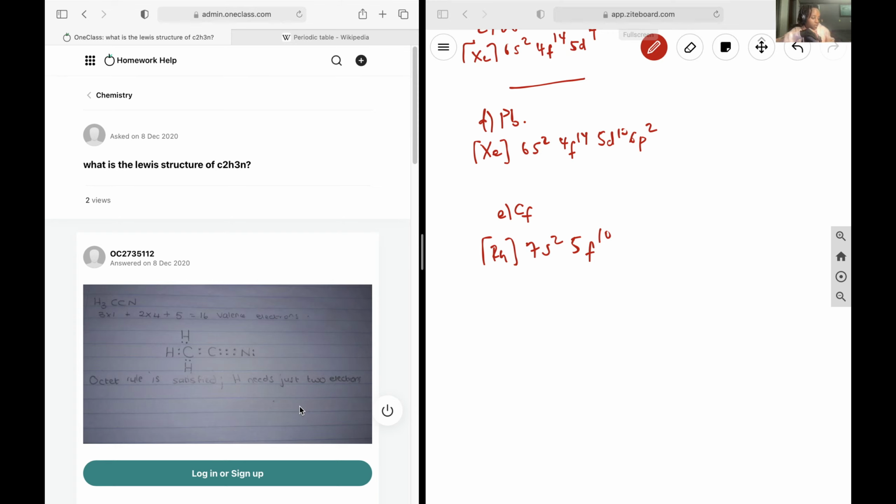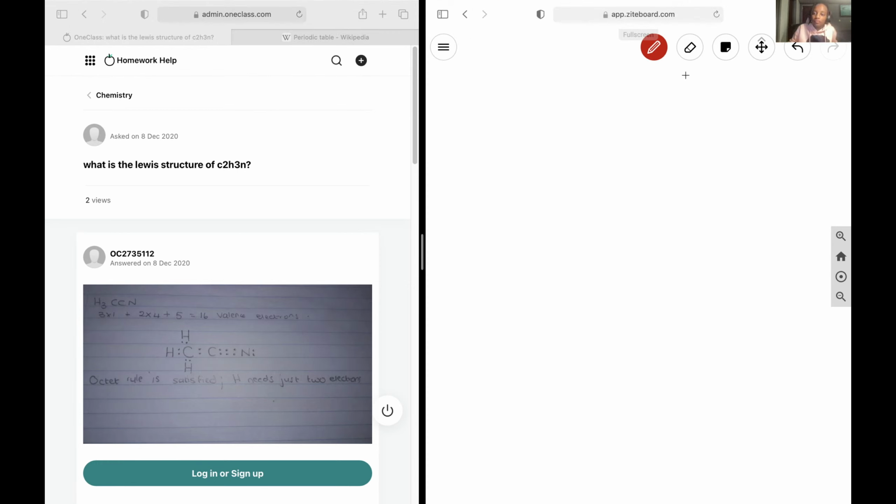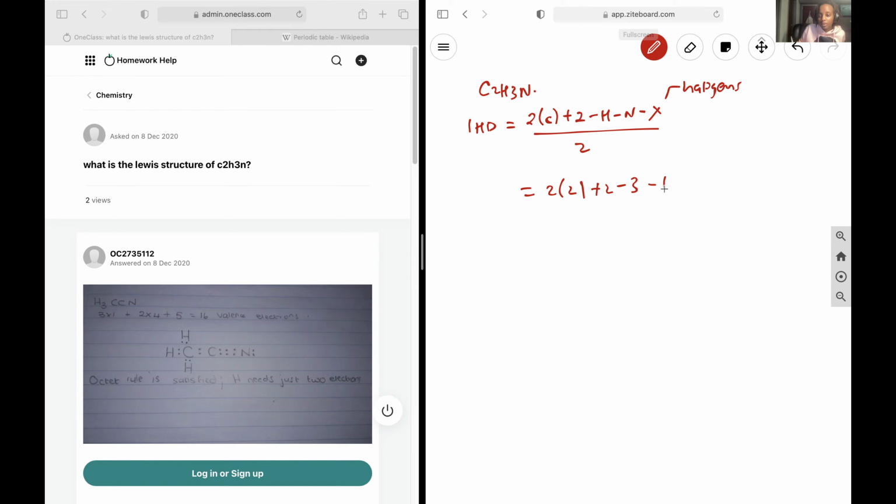Okay, next up we would like the Lewis structure of C2H3N. And so we can check out the index of hydrogen deficiency. We know that that's 2 times C plus 2 minus H minus N minus X, with this being halogens, all over 2. That's going to be 2 times 2 plus 2 minus 3 minus 1 minus 0 over 2. So 4 plus 2 minus 3.